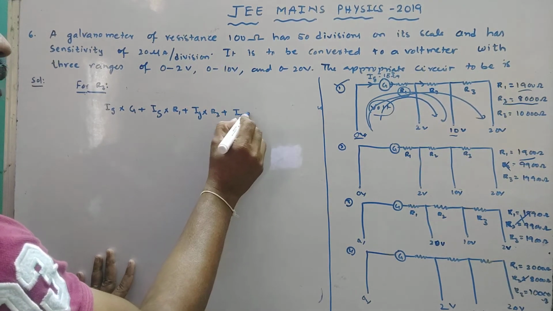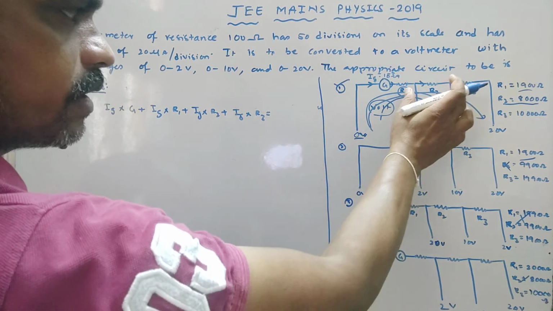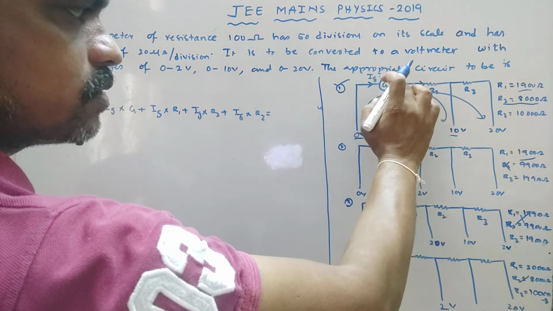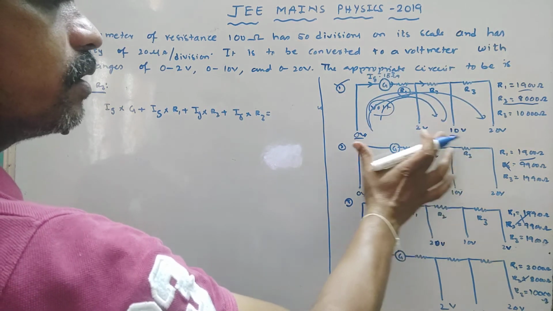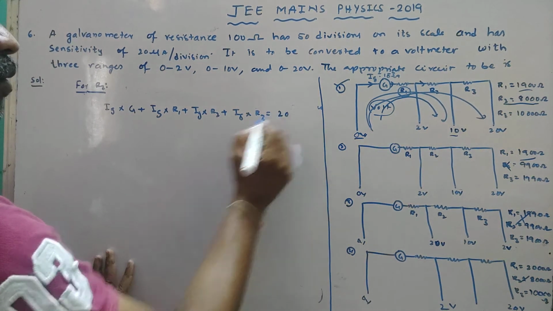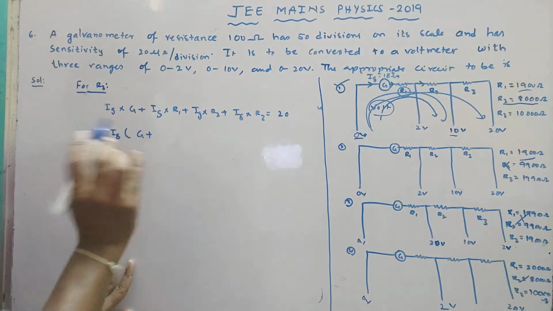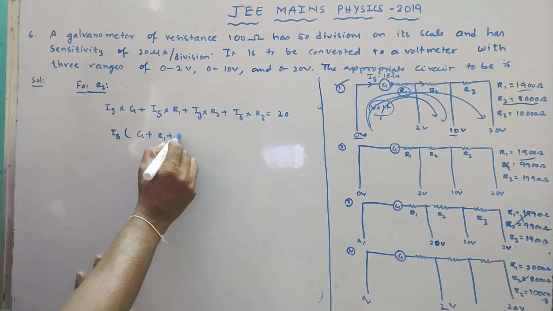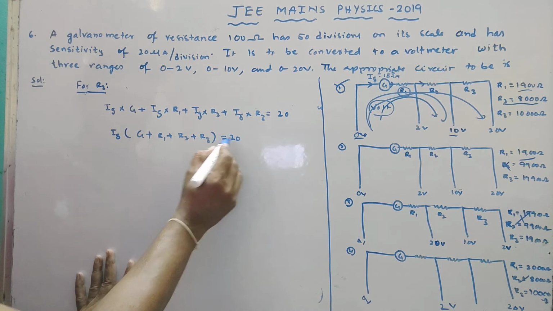plus Ig into R3 equal to, so we connected R1, R2, R3 in series with the galvanometer. Then the galvanometer is converted to a voltmeter with the range 0 to 20, so 20 volts. Ig taken common: G plus R1 plus R2 plus R3 equal to 20 volts.